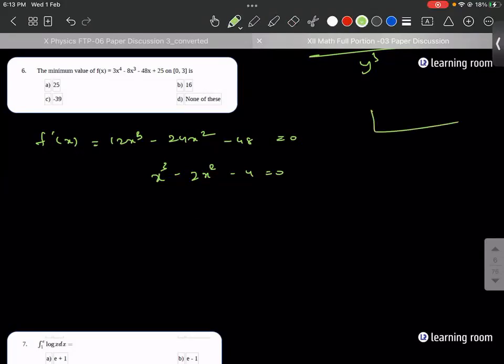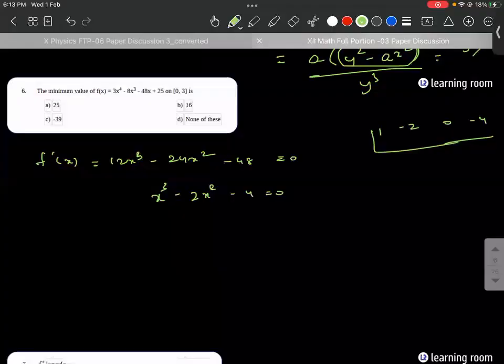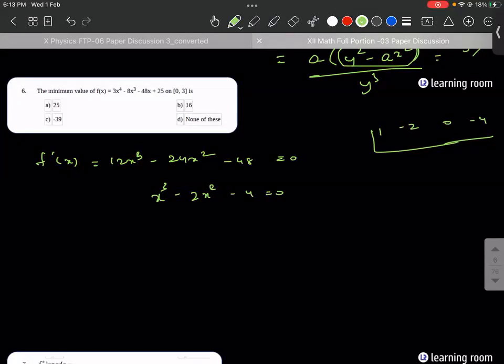None of you have solved. Guys, can you please respond? I feel as if I am invigilating the exam. I'm asking what is the value of x you got. Sir, I didn't solve this question fully. Yeah, but at least can you try now? What is the value of x that we can substitute using trial and error?